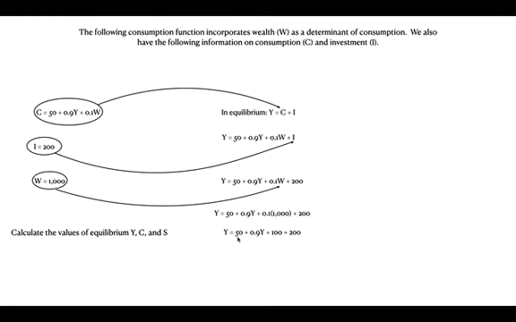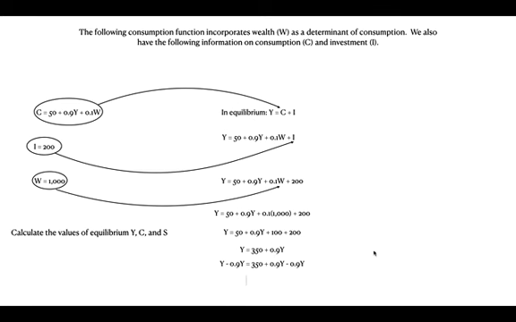And we can combine the 50, the 100, and the 200, add those together. So we have Y is equal to 350 plus 0.9Y. And now we can subtract 0.9Y from both sides. So we have Y minus 0.9Y is equal to 350 plus 0.9Y minus 0.9Y. Those two will cancel out. We have a plus 0.9Y and a minus 0.9Y.